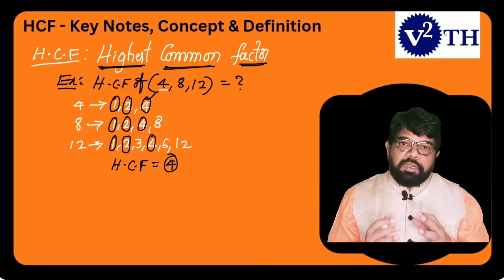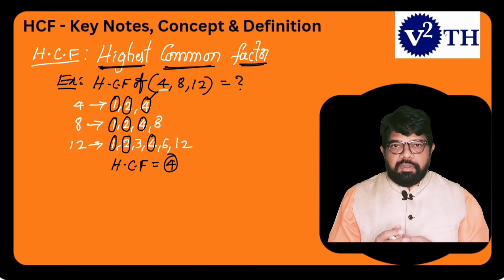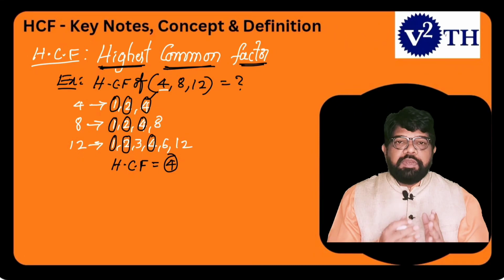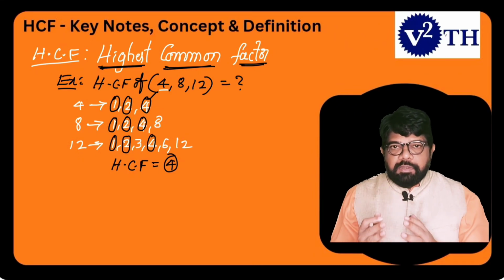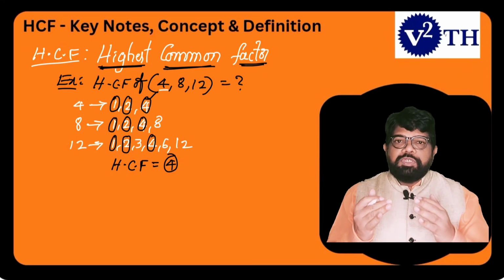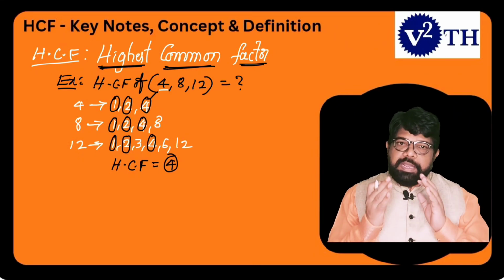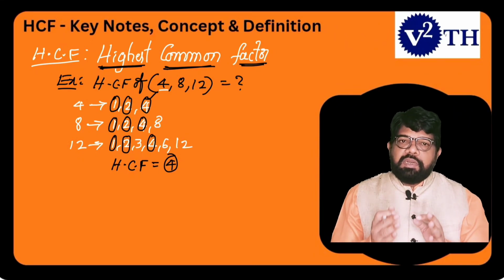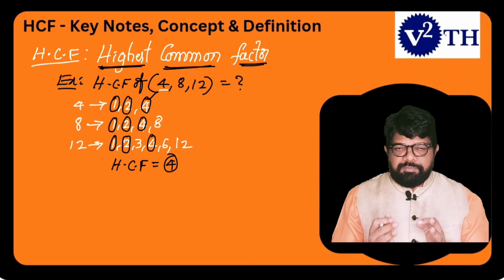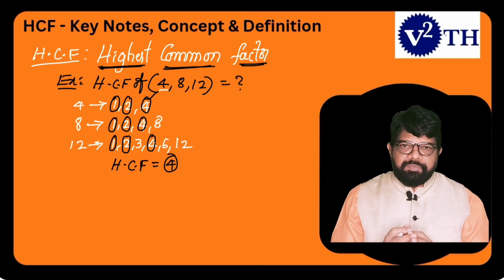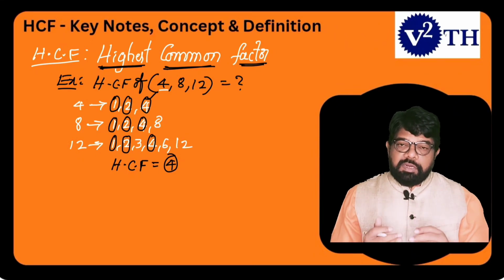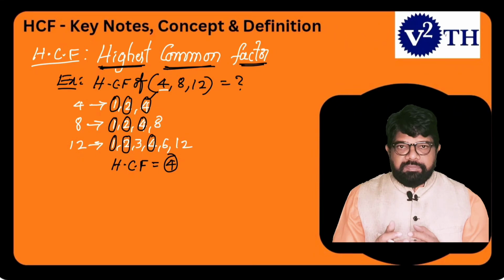This is the exact definition of HCF. For the given numbers, you have to take the factors. In the factors, you have to observe which are common factors. In the common factors, you have to take the highest one, the largest one. That gives the HCF, highest common factor. But for larger values, it is difficult to calculate.